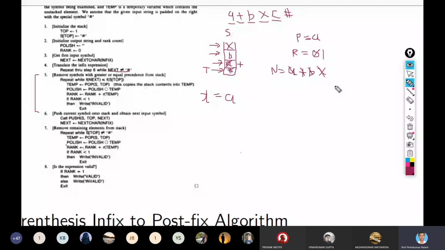Then again come here. See, f of next means f of c is 3, and f of top is multiplication, right? So f of next equal to 3 is less than or equal to f of top, multiplication, right?